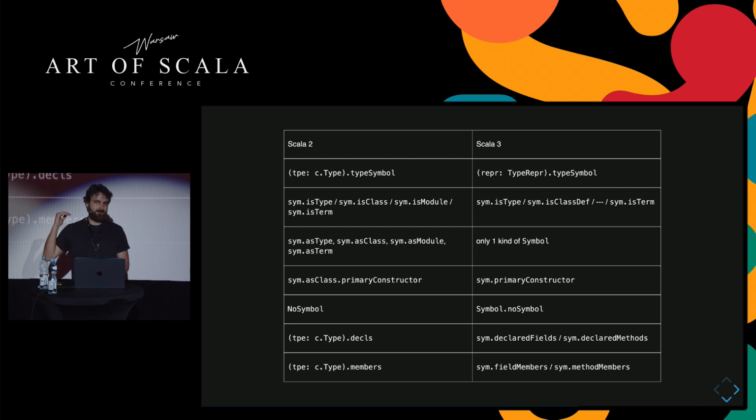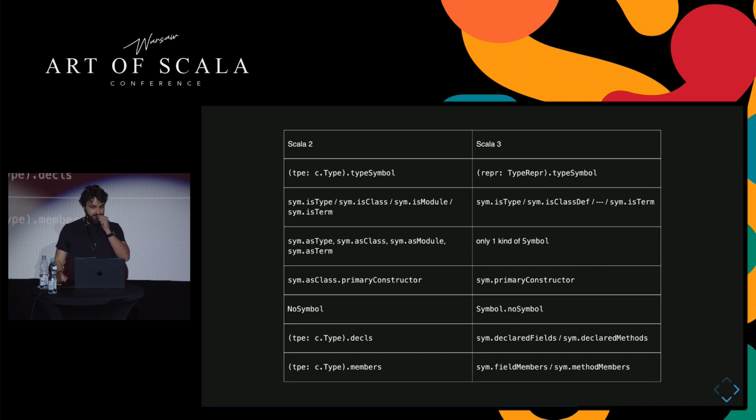On Scala 3, we have only one kind of symbol, so things are pretty simple there. You can see this example when I try to access the primary constructor. On Scala 2, I have to take the symbol, turn it into a class symbol, and then I can access the primary constructor. On Scala 3, I can get it directly.